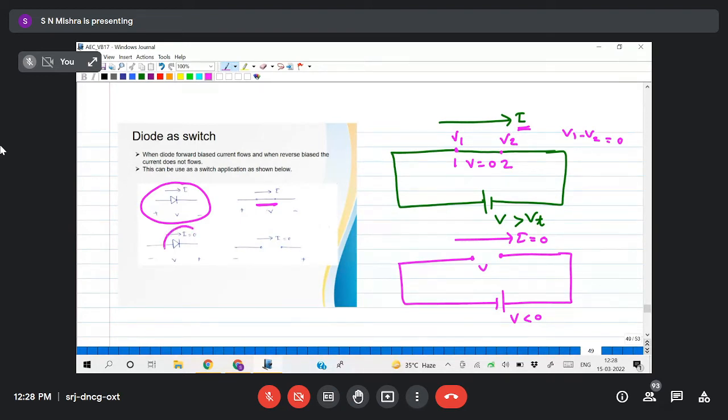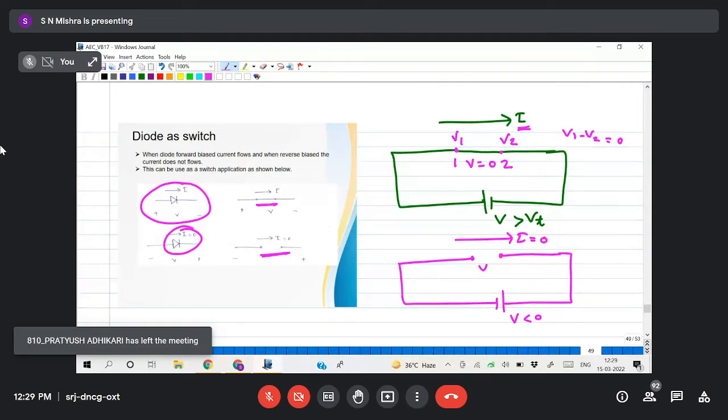That's why the diode is replaced with an open circuit. Whenever you try to solve, we'll discuss the equivalent circuit in a later case. Simply, in the ideal model, we can replace the diode with a short circuit in forward bias and an open circuit in reverse bias condition, and that is like a switch.